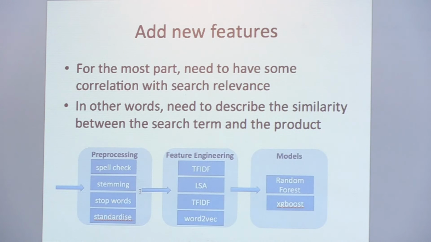So once you've got the data, and you're happy with your pre-processing, with the search terms, the product descriptions and the product titles in a standard form that you can easily compare and say, right, they're similar or not, then you have to do some feature engineering. Whereas before our feature was the ratio of overlapping words, we want to go deeper into that and get a better idea of the similarity.